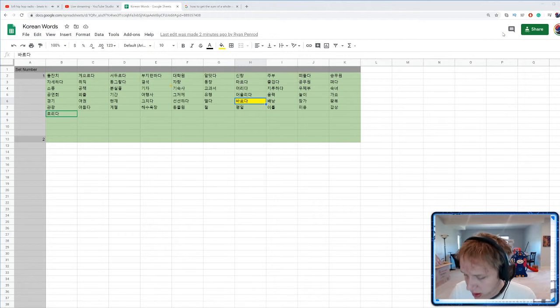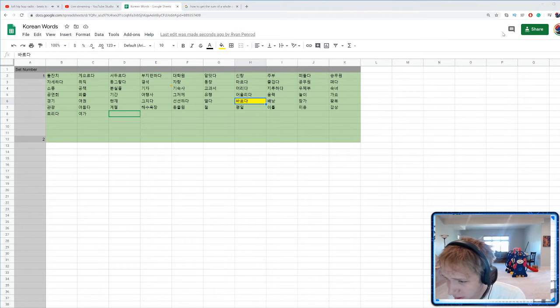Giga yoga. All set up. That one's Isong. Kasong. Right. Kasong.